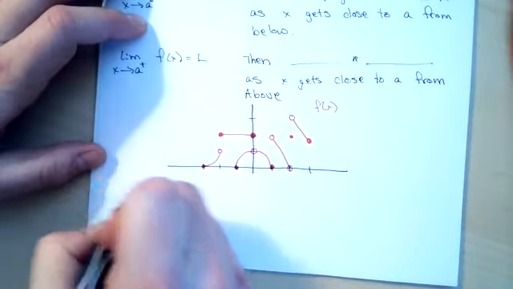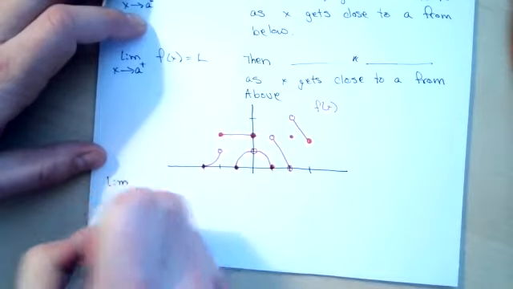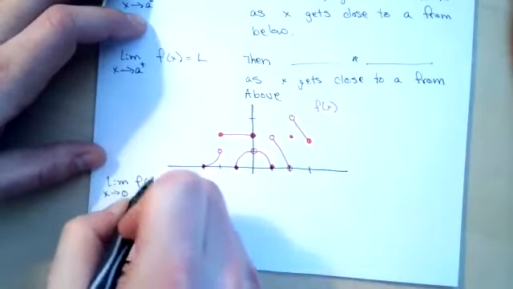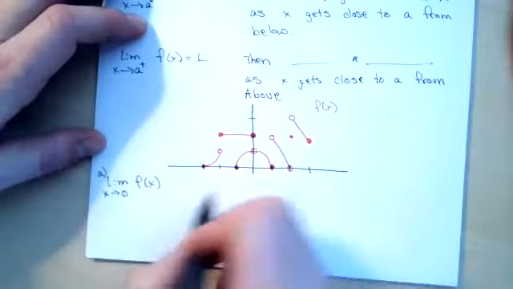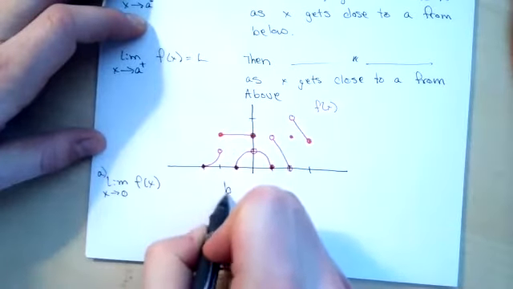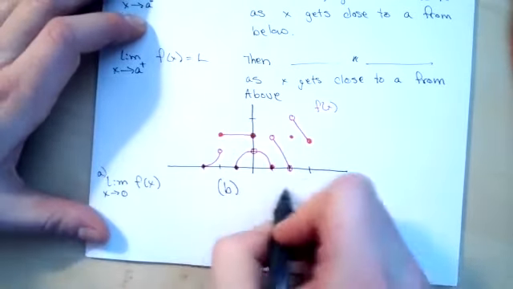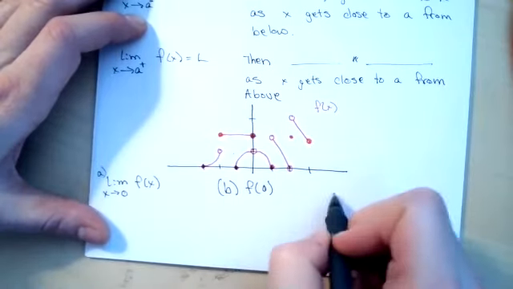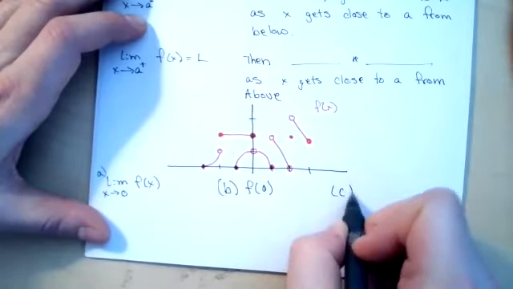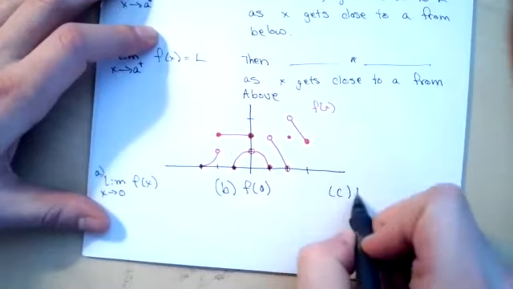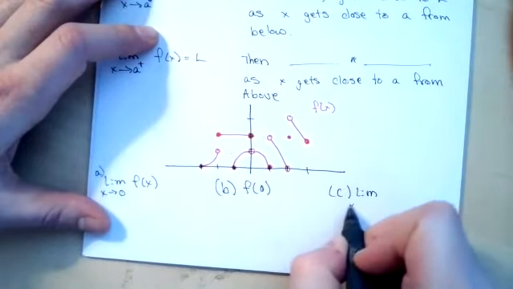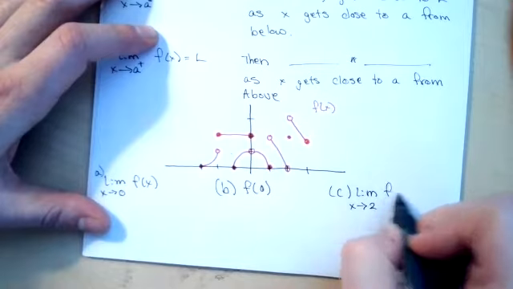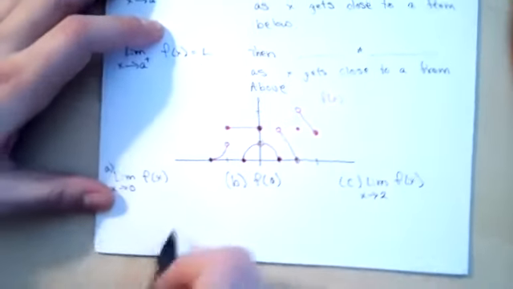And let's compute a few things. So let's say the limit as x approaches 0 of f of x. Let's call this part A. Let's do B. Let's say f of 0. Let's do C. Let's say the limit as x approaches 2 of f of x.